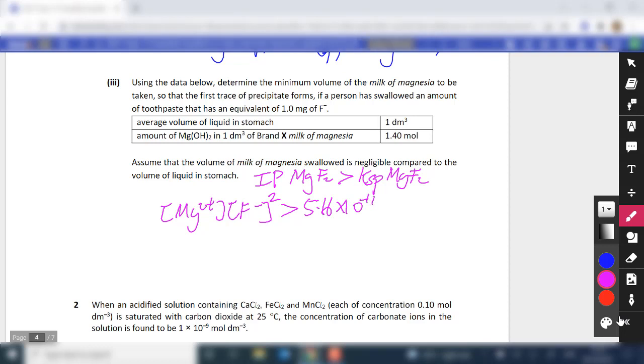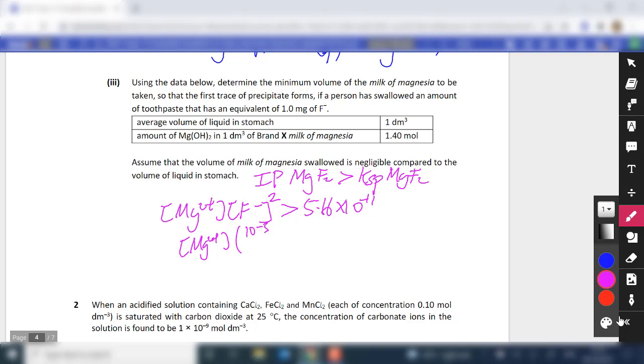Okay, and then what is the amount of fluoride in the stomach? Because you're already given some values, you were told that the person has accidentally taken 1.0 milligrams. So 1.0 milligrams, you need to convert it to grams, so that will be 10 to the power minus 3.